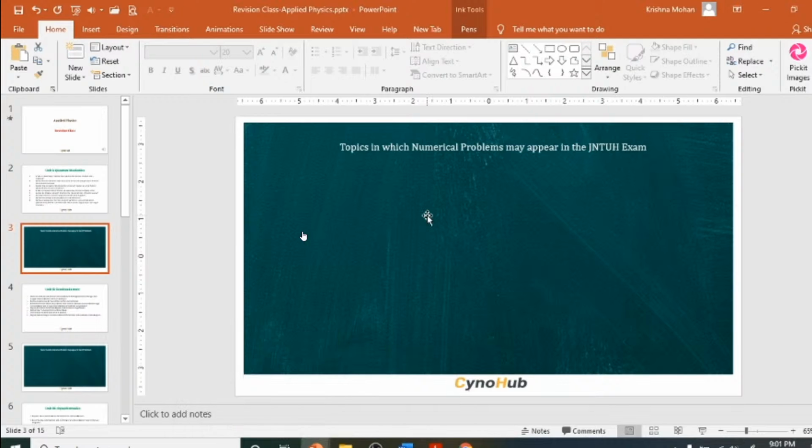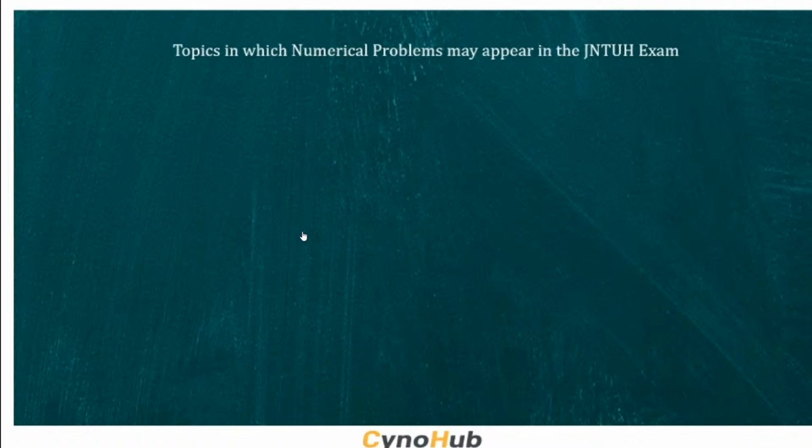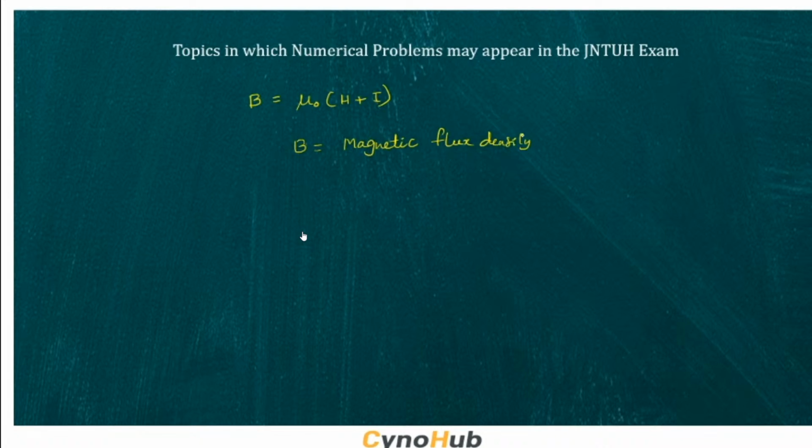In unit 5, we would have problems coming from equations. One is B equals mu naught into (H plus I), where B is magnetic induction or magnetic flux density, H is the magnetic field, the applied magnetic field, and I is the intensity of magnetization.